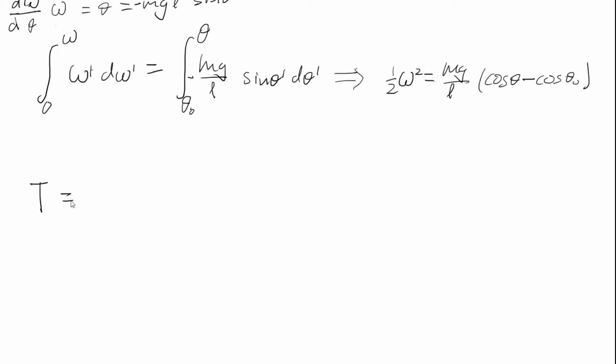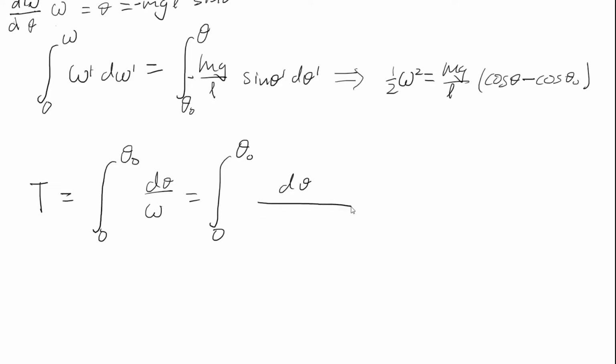So t is equal to the integral from, let's just go from 0 to theta naught of d theta over omega, which is equal to the integral from 0 to theta naught of d theta over 2mg over L times cosine theta minus cosine theta naught, all square rooted.